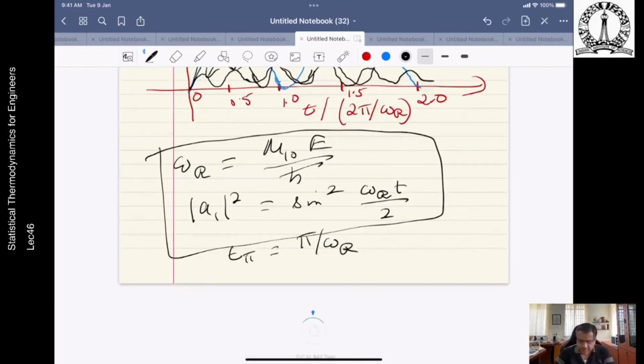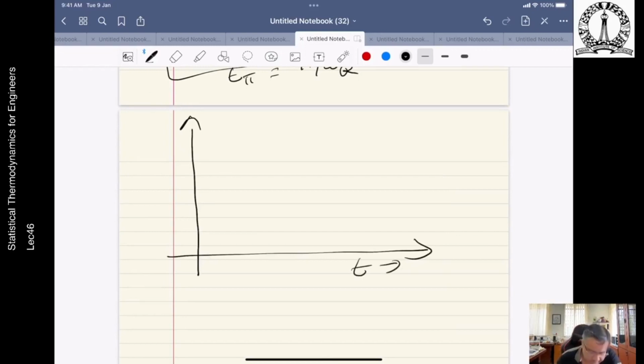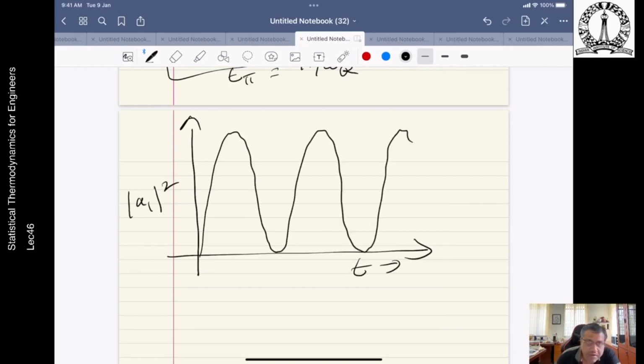So if you consider a system in which there is a relaxation process going on, let's draw this. This is time, and this is once again A1 prime, so that is the probability. An undamped system will have very nice oscillations. So this is 1.